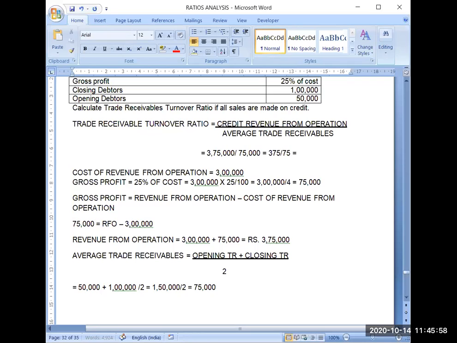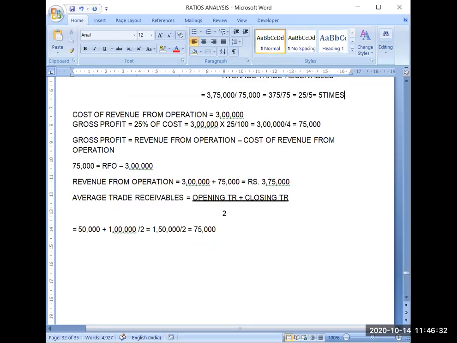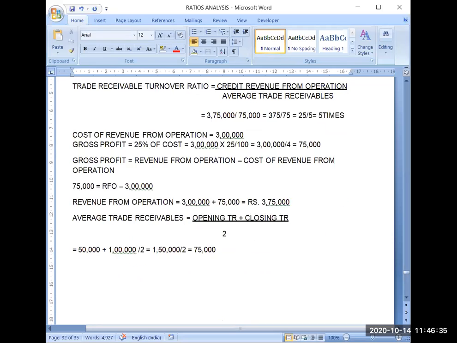First simplify the calculation. 15 fives are 75, and 75 is 15 times 5. So now you can write it as 5 times. This way it will be a better presentation and it will make your calculation easy also. It will save your time also. You will not make any mistake also. So this way we have calculated the trade receivable turnover ratio.